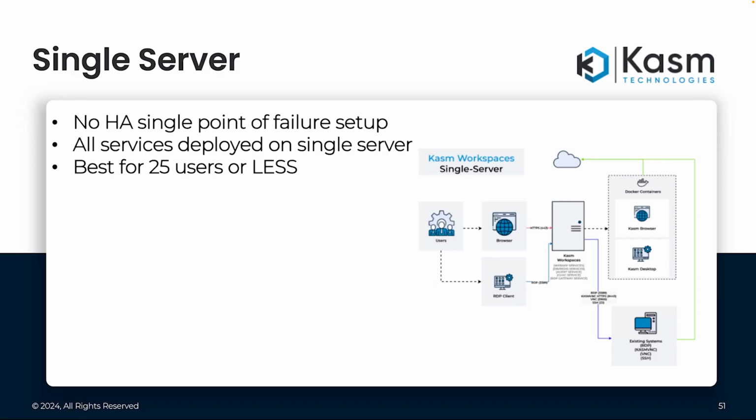And its best use is for 25 users or less, where there's no requirement, I should say, for HA. So again, when the user comes in, hits the browser, here's our singular server with all of the WebApp, DB, Redis, Agent, Guac, RDP, all of those items listed here. And then you're getting served up with that content locally.